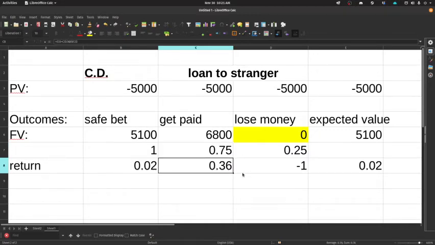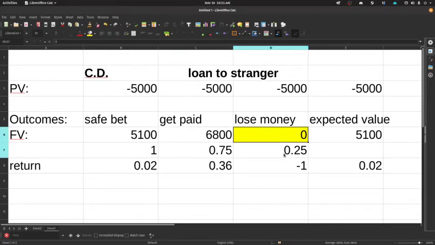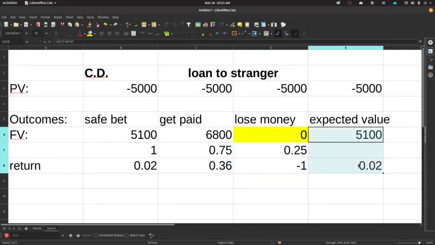Well, in that case, 36%. 36% is enough that when they pay you back $6,800, the 3/4 of your loans that pay back offset the 1/4 of your loans where you lose $5,000. And the net effect is that over these loans, you are getting the equivalent of just making that safe bet.